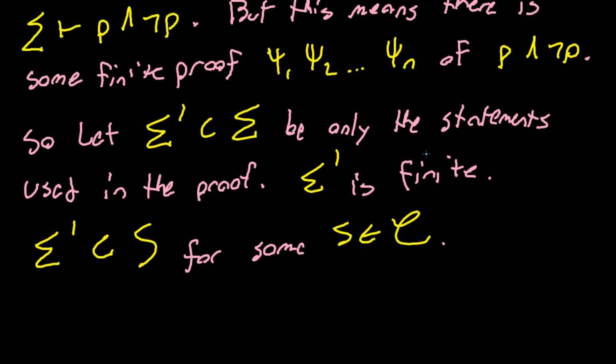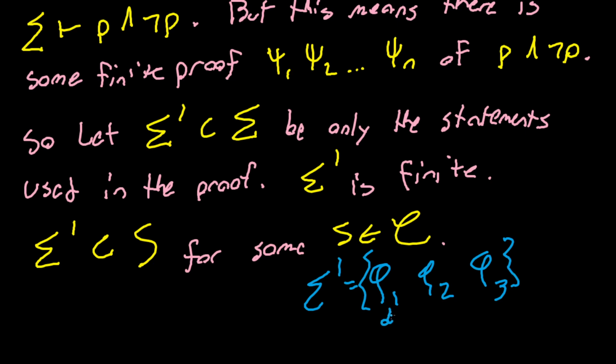So if I have a finite collection, I can just look and figure out where in the chain each sentence occurs. If sigma prime is phi 1, phi 2, and phi 3, then I just need to find C1 where phi 1 occurs, C2 where phi 2 occurs, and C3 where phi 3 occurs, and then take the largest one.